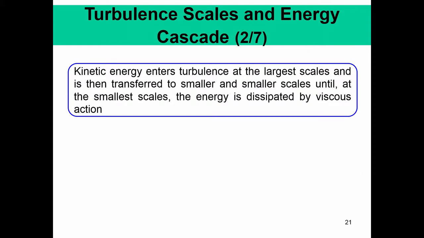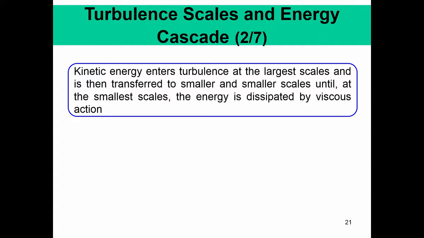Kinetic energy enters turbulence at the largest scales and is then transferred to smaller and smaller scales, until at the smallest scales the energy is dissipated by viscous action. That is the whole point.